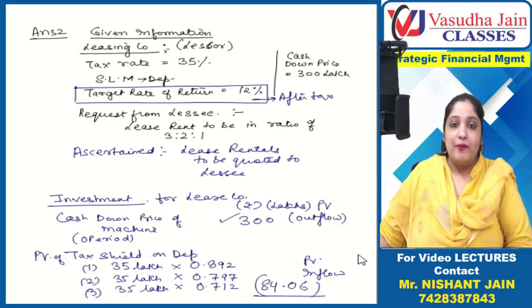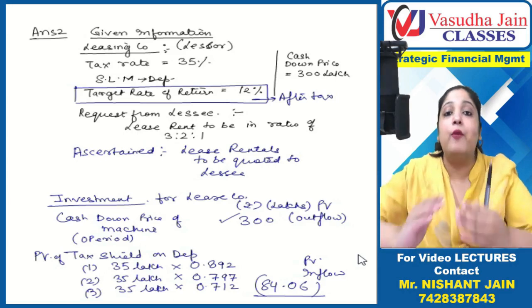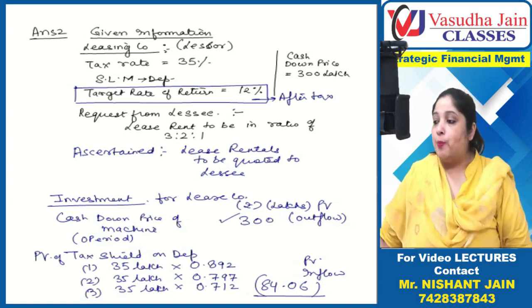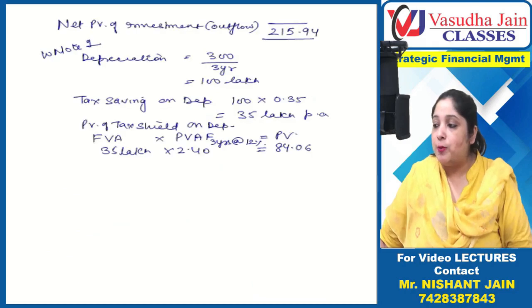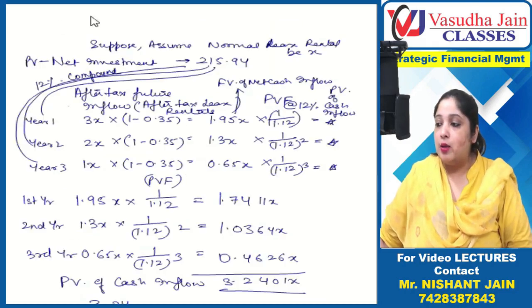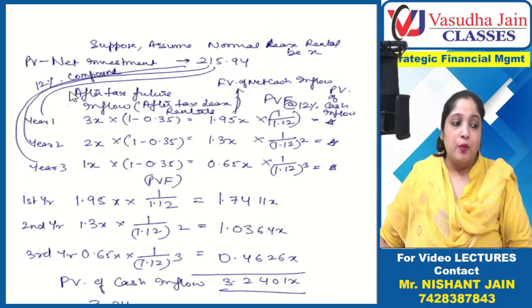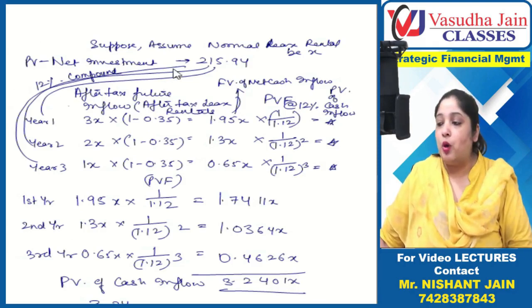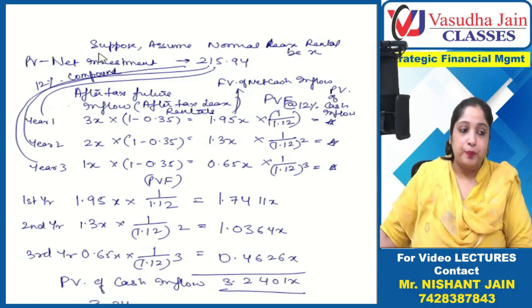So that is your net investment in the machine without letting it for lease. But when you consider the leasing option, this is the whole calculation. I should not remove this, because you should understand that when you want the compounding to be 12%, then after discounting this figure, it should equal 215.94.